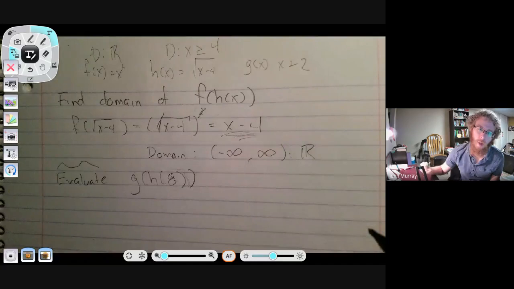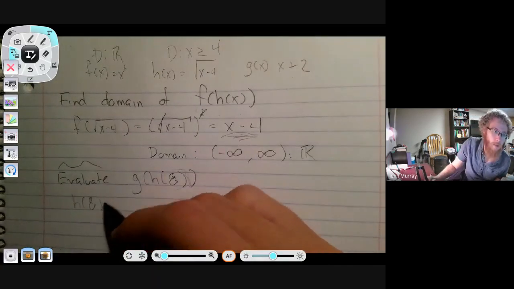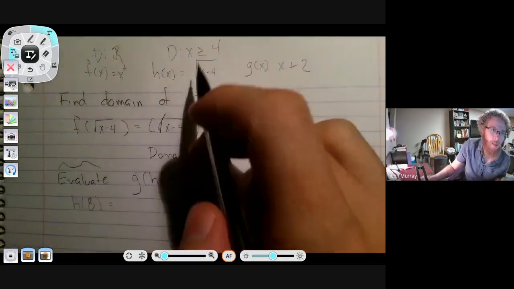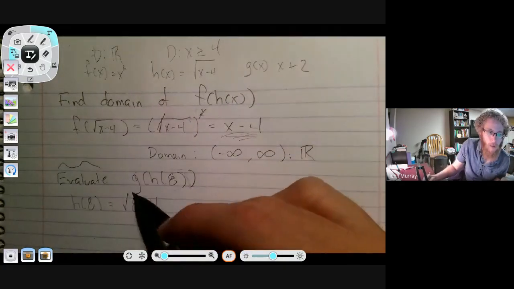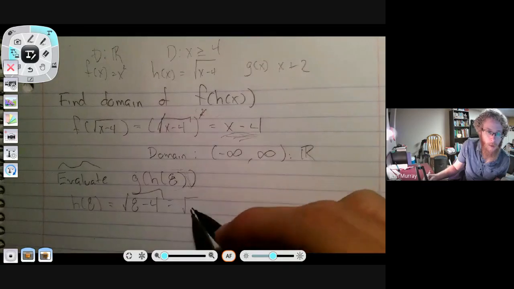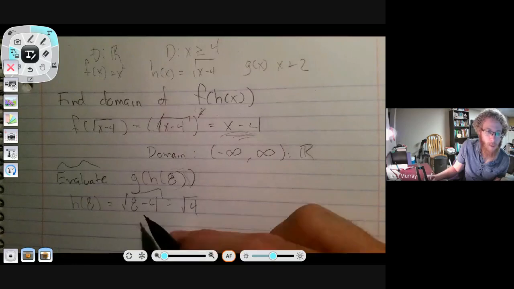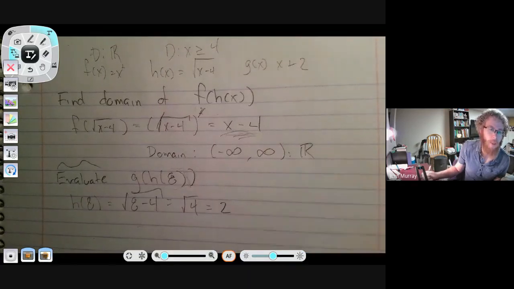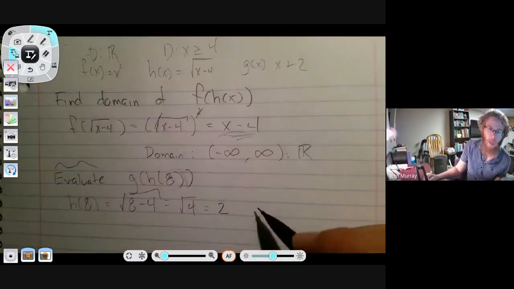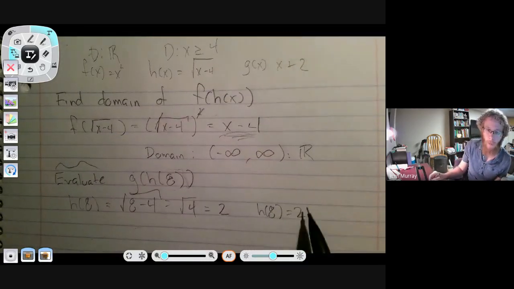So first, I'm going to do h of 8. So we calculate h of 8. Right, I'm plugging in 8 in here. This fortunately works out, right? 8 minus 4 gives me 4. The square root of 4 is 2. Okay, so again, I have h of 8 equals 2.